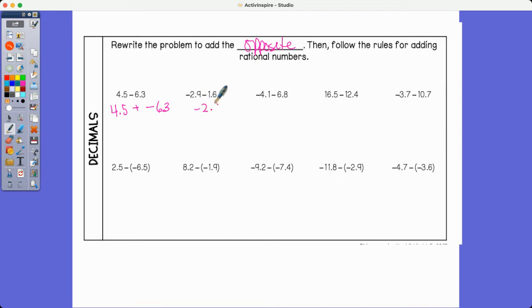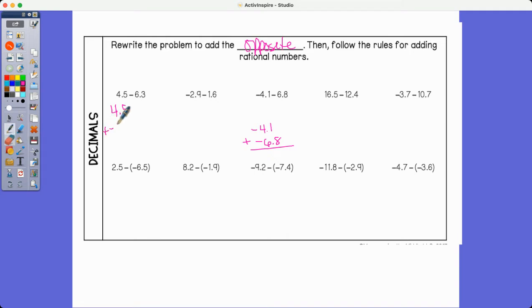Rewrite this. Negative 2 and 9/10 plus a negative 1 and 6/10. Negative 4 and 1/10. I'm going to rewrite these vertically, plus a negative 6 and 8/10, because it makes it so much easier. Let me go back and erase these. I'll just fix it. Look at math magic going on everywhere.